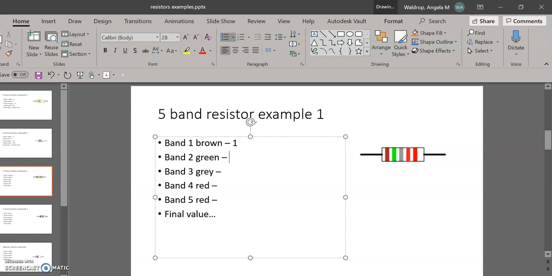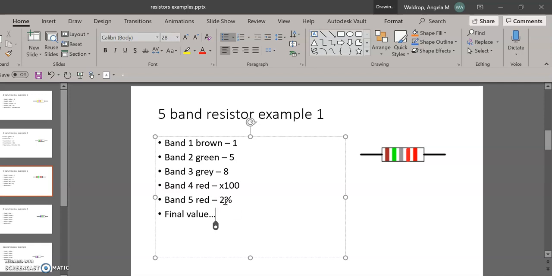The green is a 5. The gray is an 8. In this case, the 4th band is the multiplier, and the multiplier is 100. The red in this case is also the tolerance, and that tolerance is 2%.